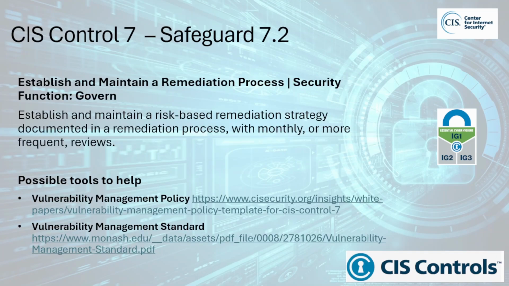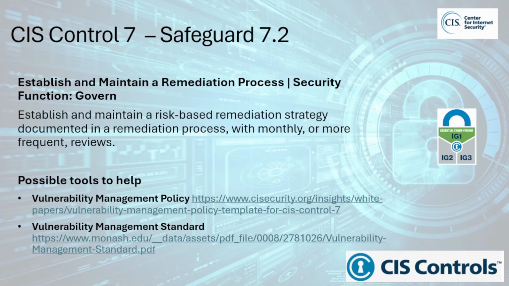Safeguard 7.2. Establish and maintain a remediation process. This is under the Govern Security function and is within Implementation Group 1. The safeguard requires organizations to develop and implement a defined remediation process for addressing discovered vulnerabilities.